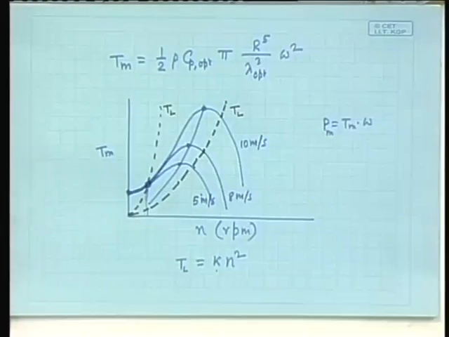Is that clear? Wherever there is a motor generator set, the motor gives one torque, the generator gives a back torque, and what will be the ultimate speed of rotation? It will be exactly that value where these two torques are equal and opposite to each other. This torque depends on the speed, this torque also depends on the speed. So, it will operate at that speed which corresponds to the equalization of the two torques.